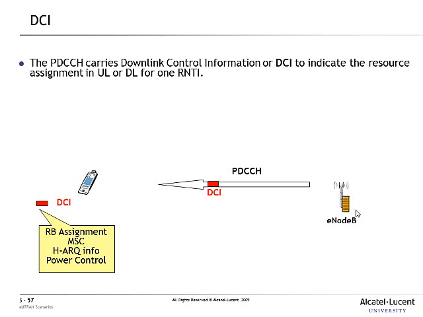One of the things that we do in LTE is that on the downlink we perform link adaptation, but on the uplink we do power control. So in order to get power control messages, we use the DCI to transmit that information, and also the resource block assignments. Which resource blocks are going to be used for the UE to transmit on uplink is sent on the DCI.